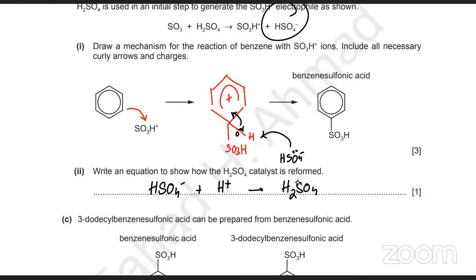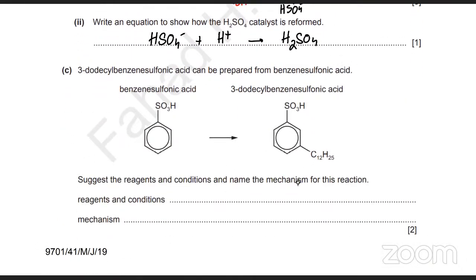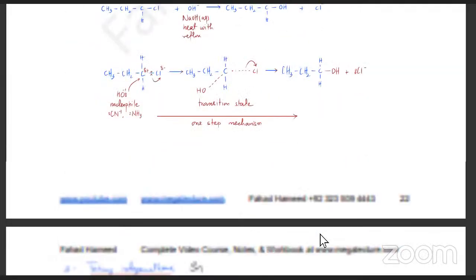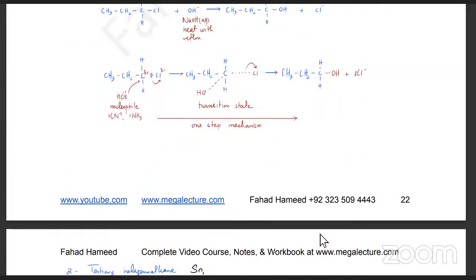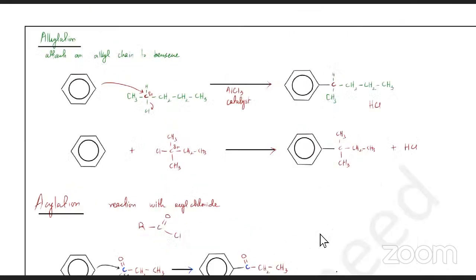So then the next one is: suggest reagents and conditions and name the mechanism for this reaction. So now what's happening is you've got an alkyl chain getting attached to benzene. That's again what we just did. That's alkylation. We just did this.